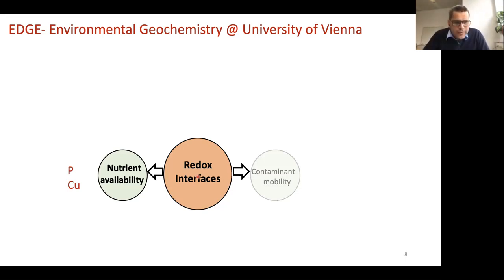Another project is on copper, where we look at methanobacteria, how they get copper as a nutrient in marine systems. It's pretty hard there because of copper sulfide's low solubility. So they use some organic ligands, and we try to mimic that in the lab environment.